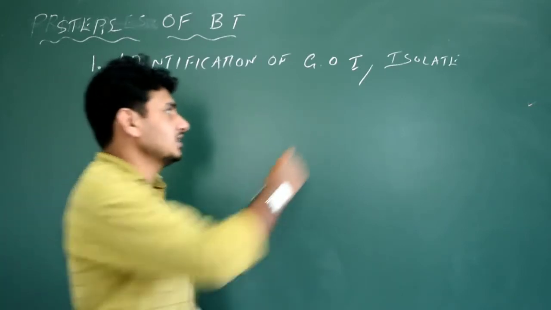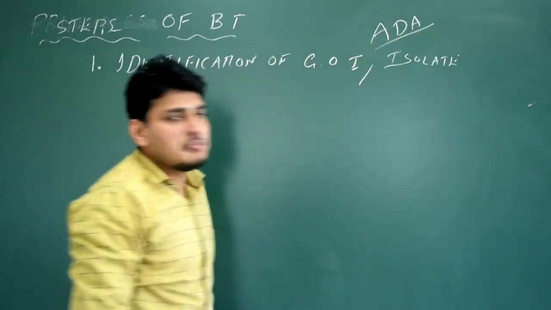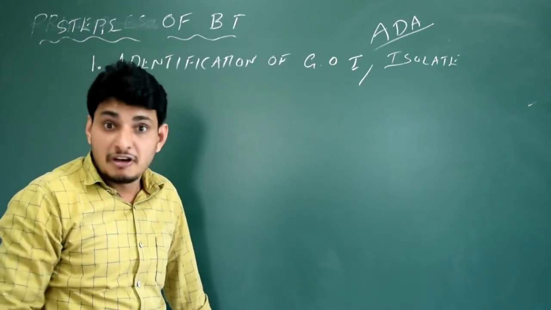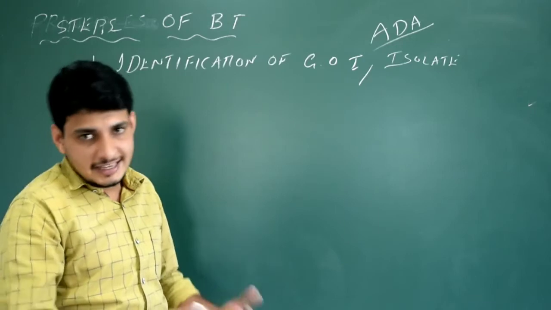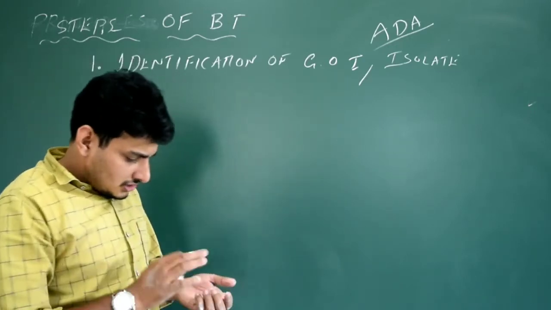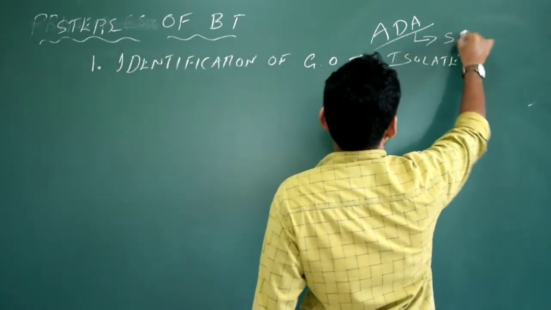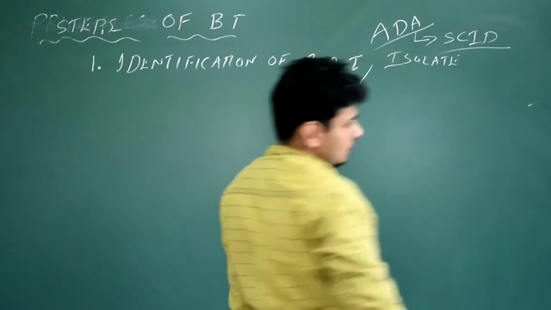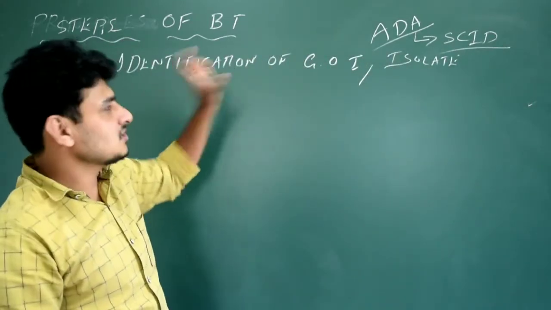That ADA gene is there, adenosine deaminase enzyme, which is a very important metabolic enzyme, very important for the metabolism process. If that enzyme is not there, metabolism will not take place and the person cannot survive. So it's very deadly. Okay, so this is just one example, and it will lead to another disease called SCID. Okay, we will not talk about SCID now, just an example.